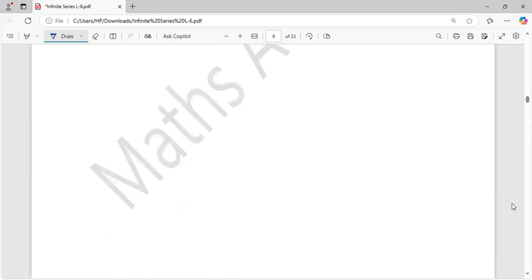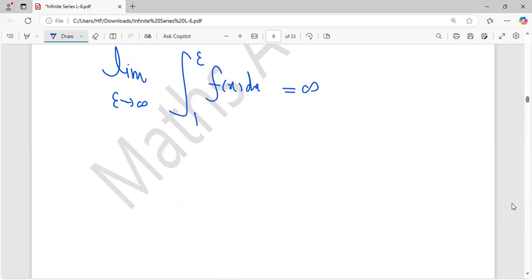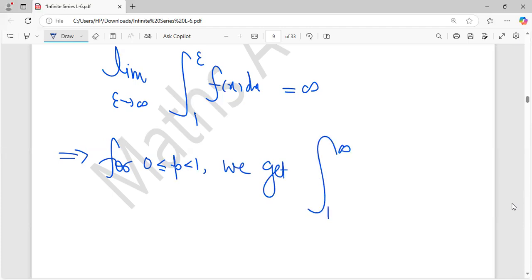Limit epsilon tending to infinity of the integral 1 to epsilon f(x) dx is infinity. It means limit does not exist, so this implies for p in this range this integral 1 to infinity f(x) dx is divergent.